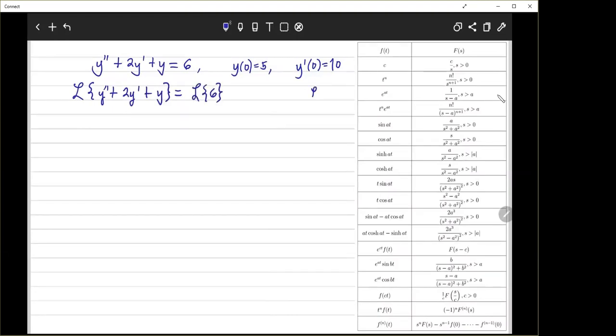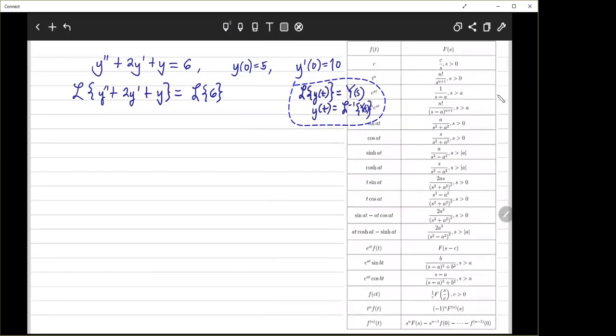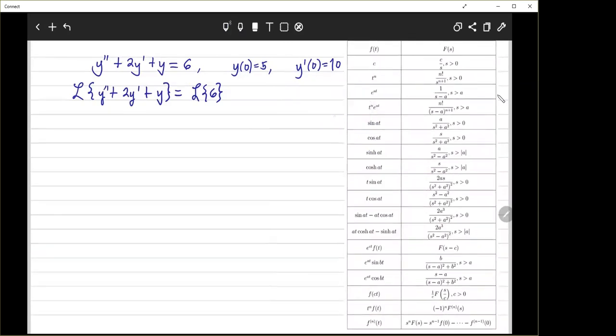So again, here, the Laplace transform of y of t is y of s. And y of t is equal to the inverse Laplace of y of s. Anyway, that's just notation.